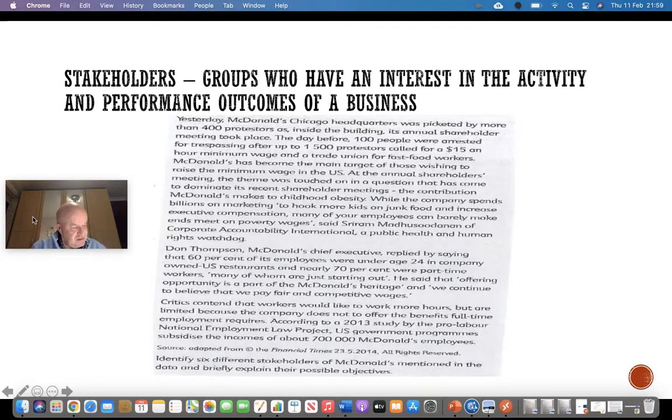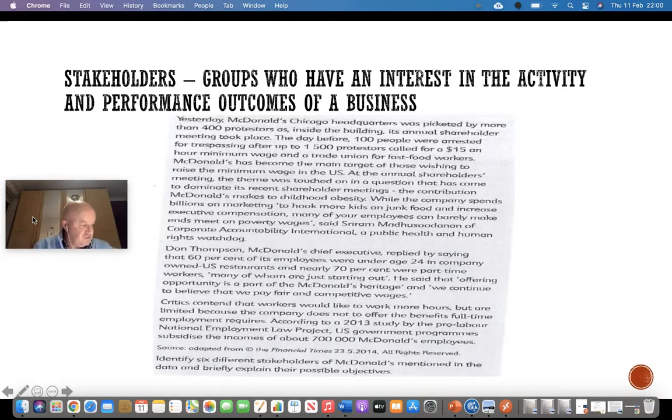It tells you a little bit about McDonald's, and there's a short article of about 4 or 5 paragraphs, and you should be able to pick out a number of different stakeholders that each have slightly different views about the way in which McDonald's operates, and will also have some influence over both the activity and the performance or outcomes of a business. Okay, so I'd like you to have a read of that, and then on page 9 there is a table that I'd also like you to have a go at completing.